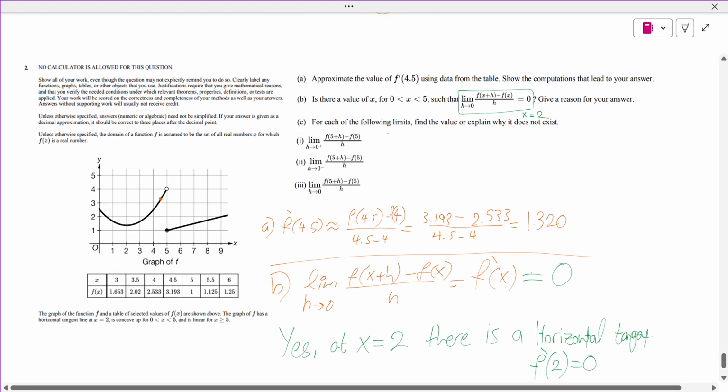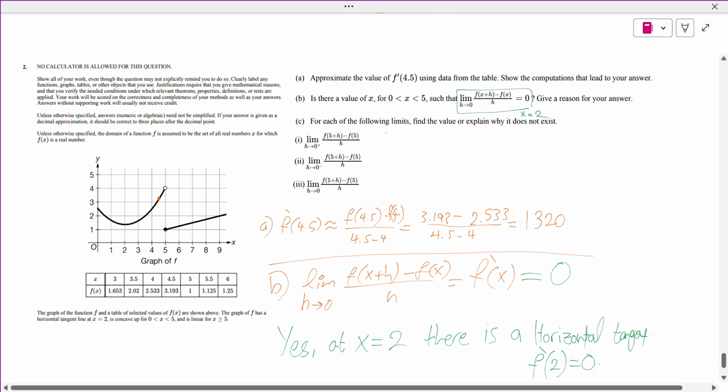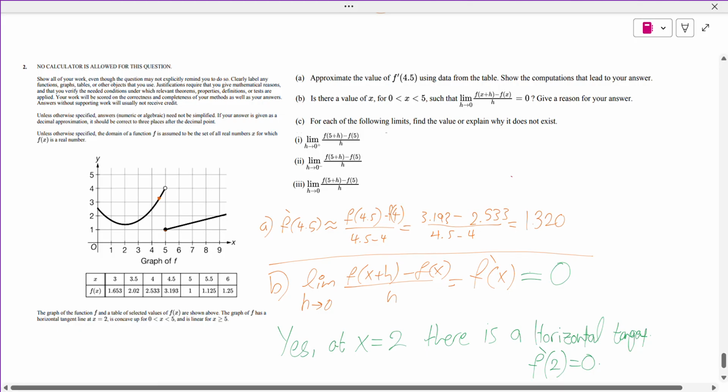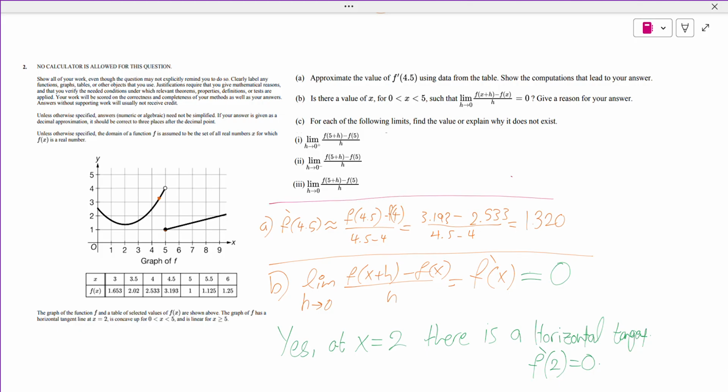Part C says, for each of the following limits, find the value or explain why it does not exist. Find the limit of f of 5 plus h minus f of 5 over h as h approaches 0 from the right.